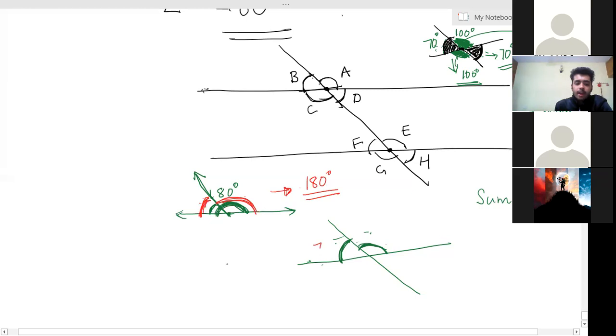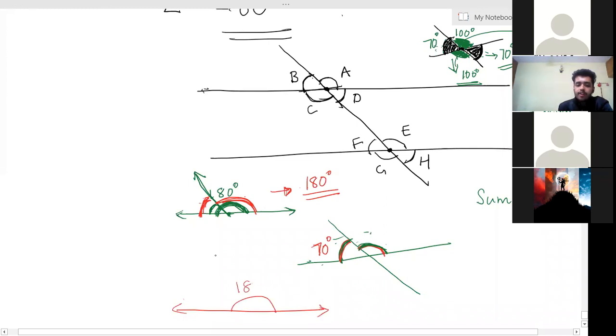Tell me, if this is 70 degrees, what will be this angle? No, see what I told you: how much is the angle in a straight line? 180. Yes.